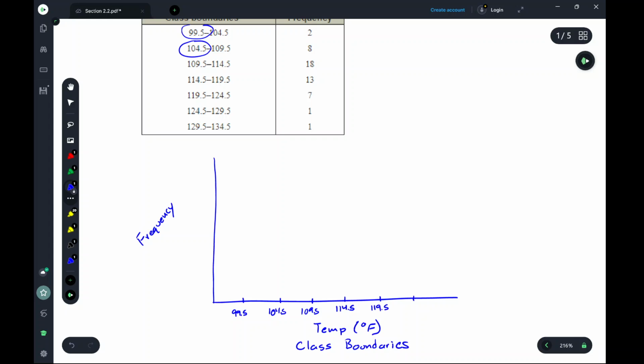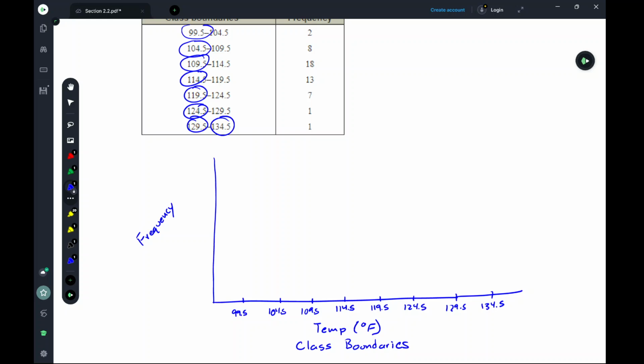From 119.5 up to 124.5. And from 124.5 up to 129.5. Then we have to cap it off with the 134.5 here at the end. So what I've done is I've sectioned off in equal widths my class boundaries.